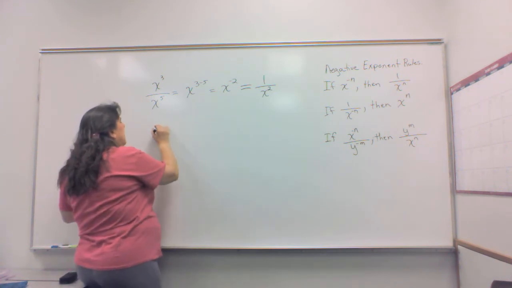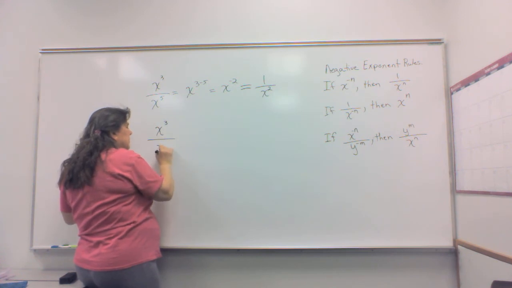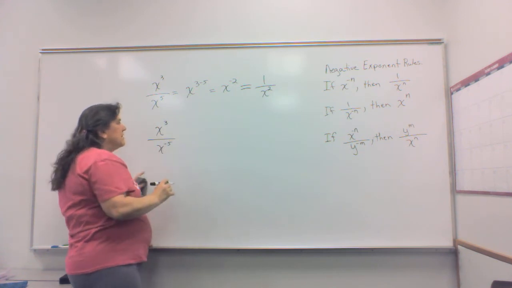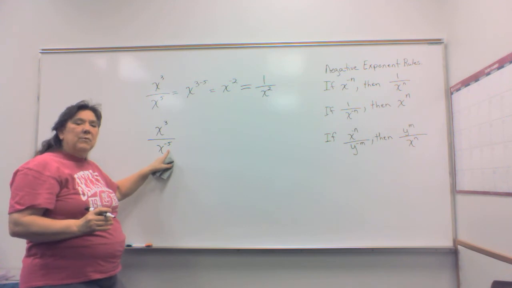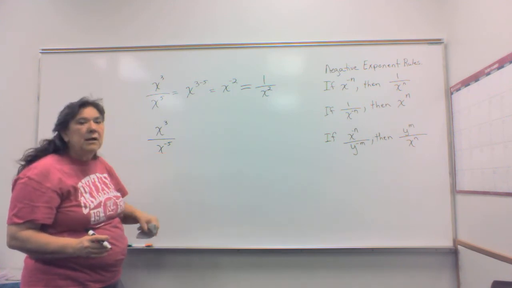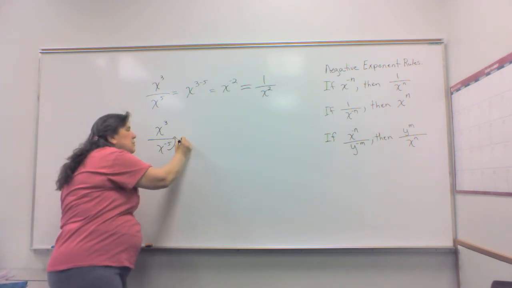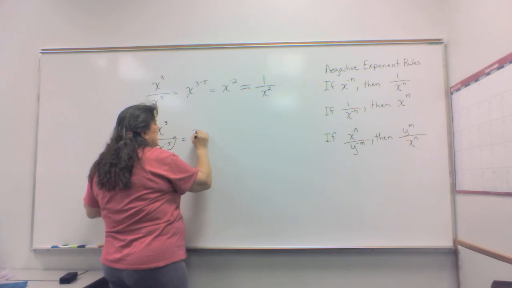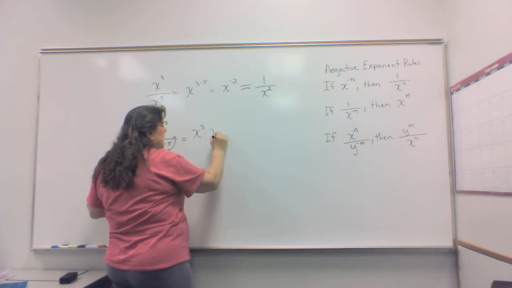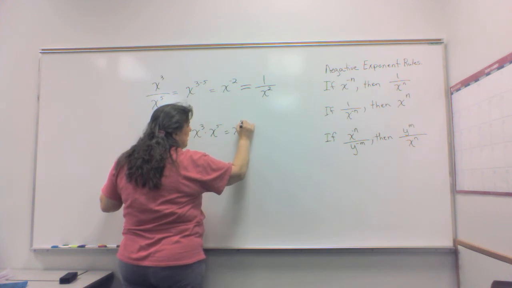Now, what if I had x to the third over x to the negative 5? And this is why we can do this two ways. We can make all of my exponents positive by moving this to the numerator, which is going to make x to the third times x to the fifth, which is going to be x to the eighth.